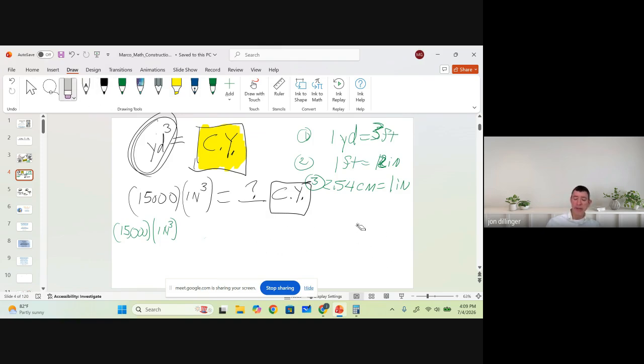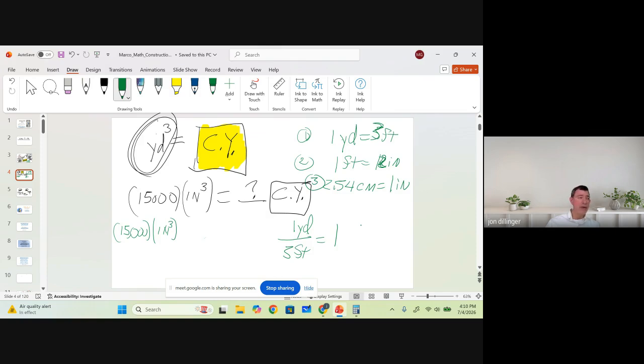Now, that's true, but also this is true. 1 yard over 3 feet is equal to 1. That's true because 1 yard is the same thing as 3 feet. It looks weird, but it's a fact. And the same applies for the other one, like 1 foot and 12 inches.